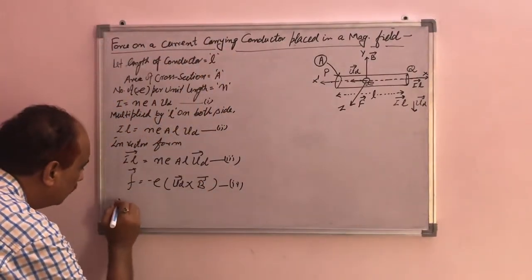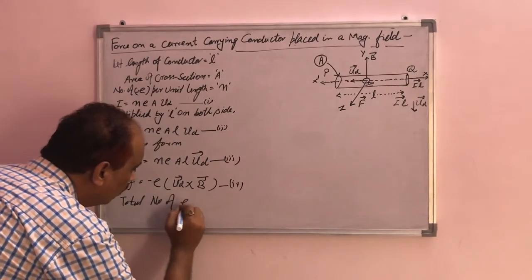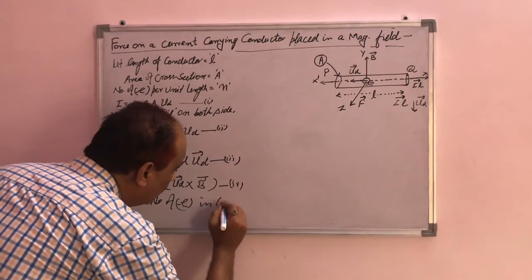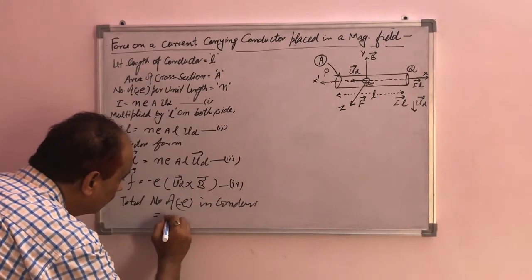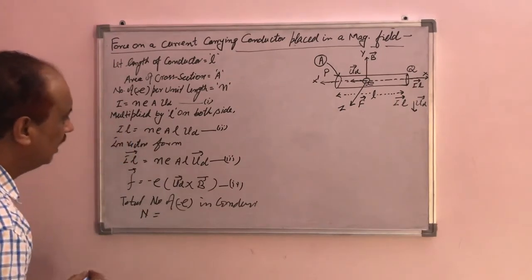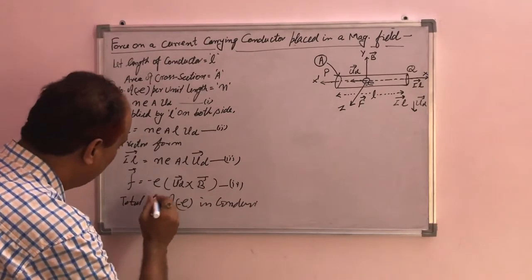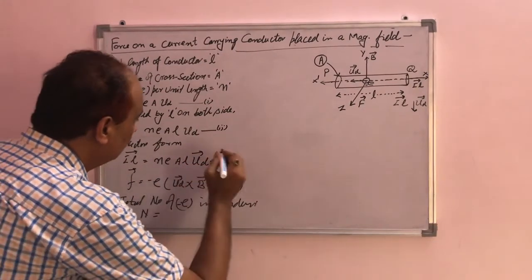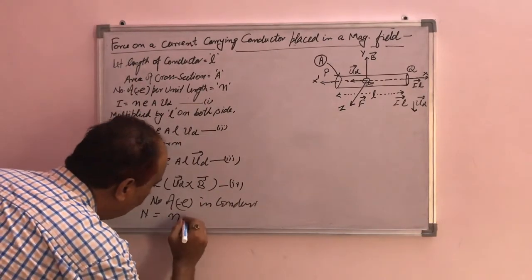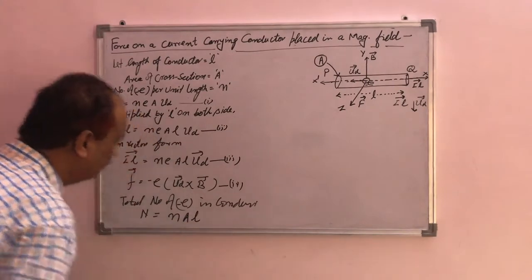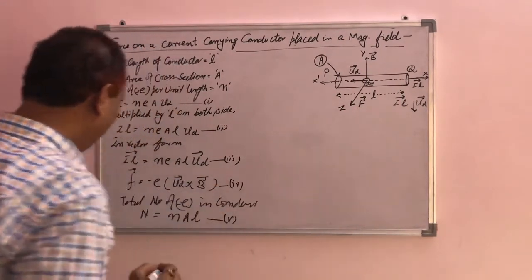The total number of electrons in the conductor, capital N, is equal to n per unit length multiplied by the volume, that is area multiplied by length of the conductor, so N equals n A L. It is equation number 5.